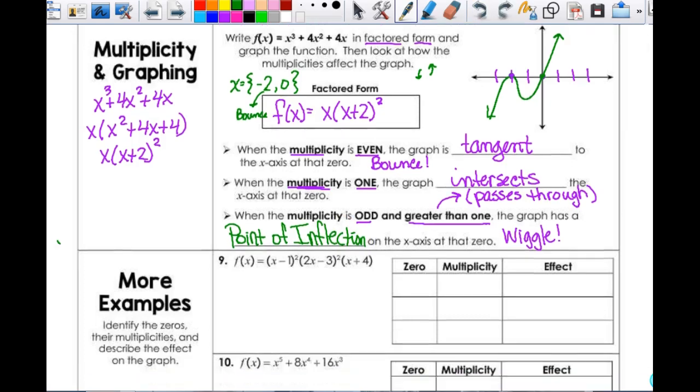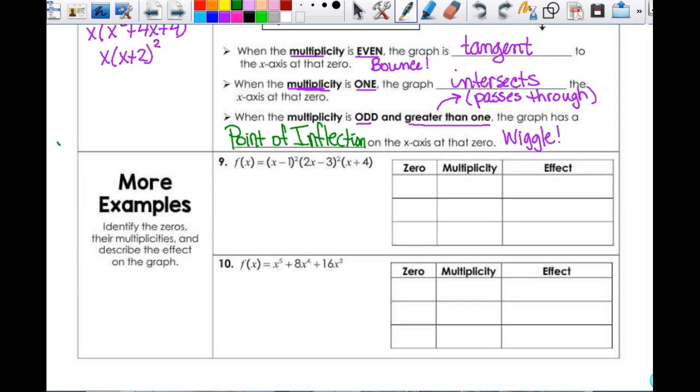All right, so a couple more examples here. It says, identify the zeros, their multiplicities, and describe the effect on the graph. In order to do that, I've got to factor it, but oh yay, number 9 is already factored for me. So I can just get my zeros. This is going to give me positive 1, positive 3 halves, negative 4.